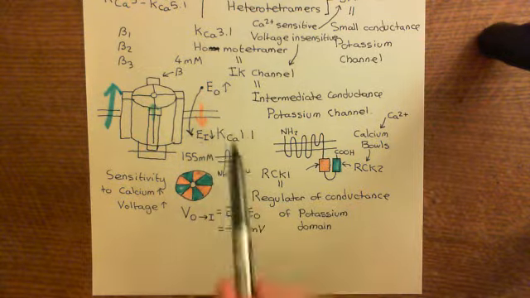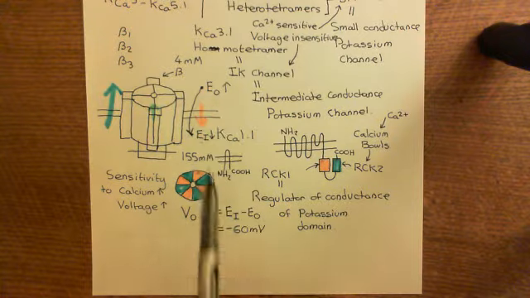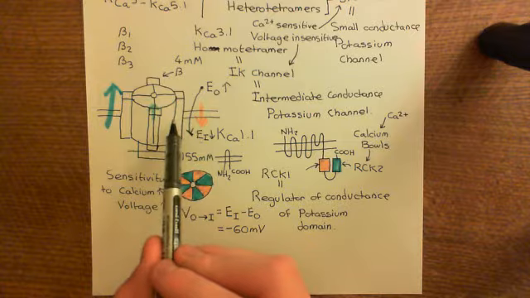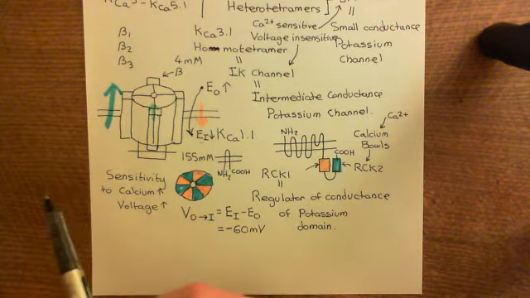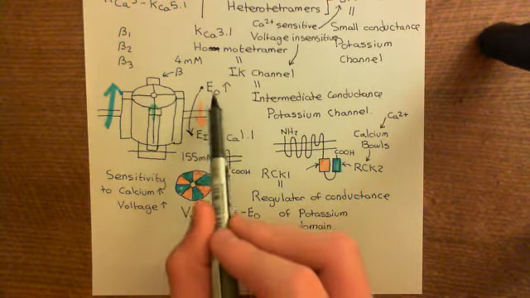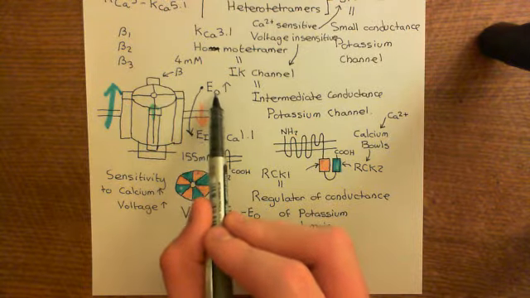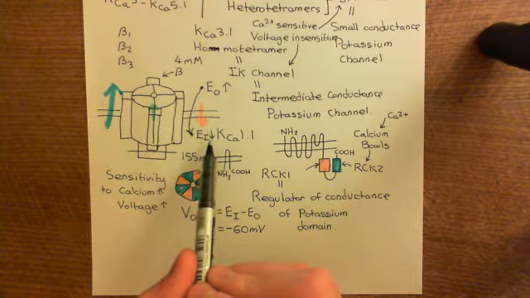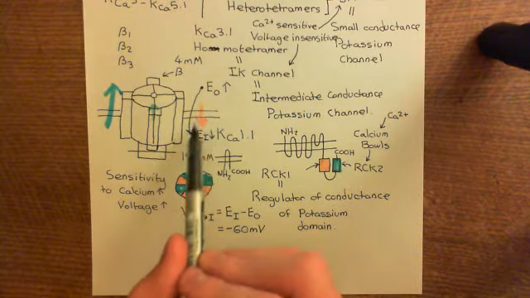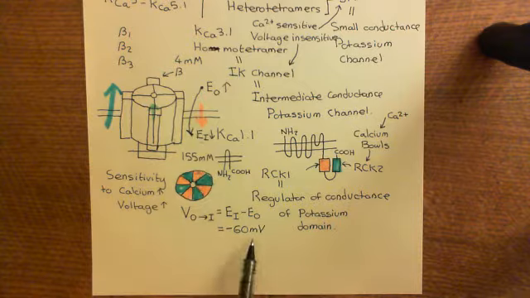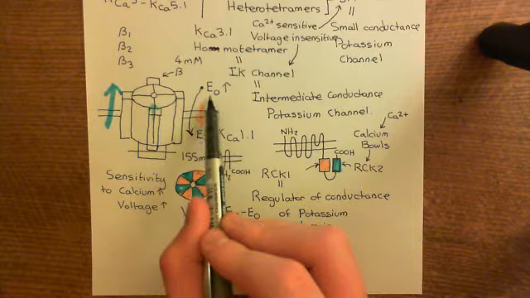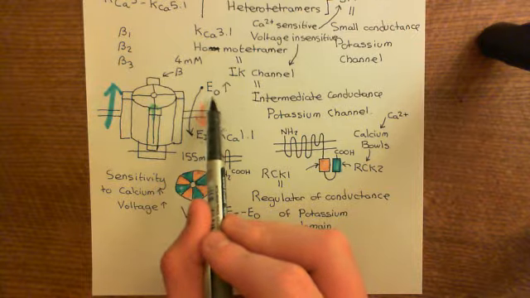And we were asking what is the electrical potential difference from outside to inside. So what effect is opening these BK channels going to have on the electrical potential difference? Well, if the electrical potential outside has gone up and the electrical potential inside has gone down, well, the electrical potential difference from outside to inside was already negative 60 millivolts, which means that the intracellular compartment was 60 millivolts lower than the extracellular compartment.